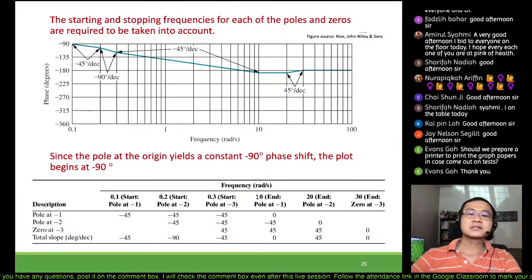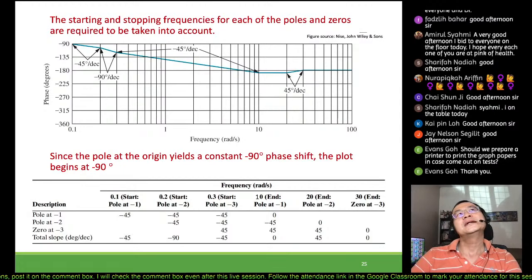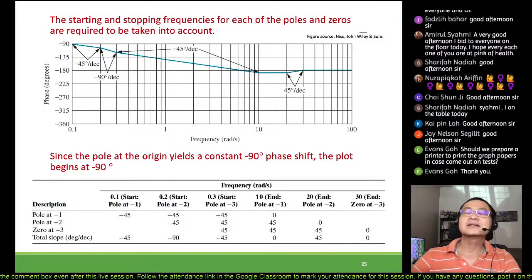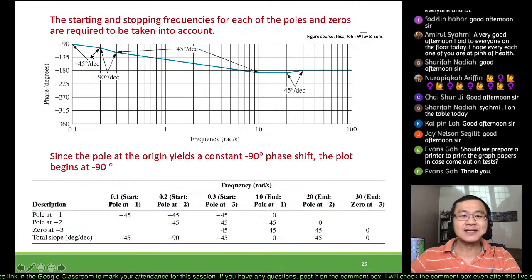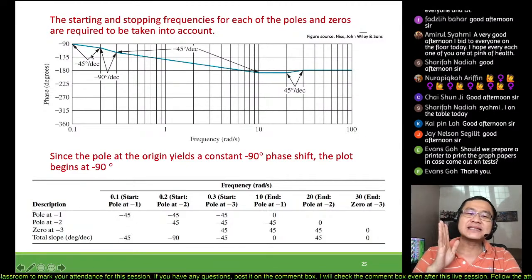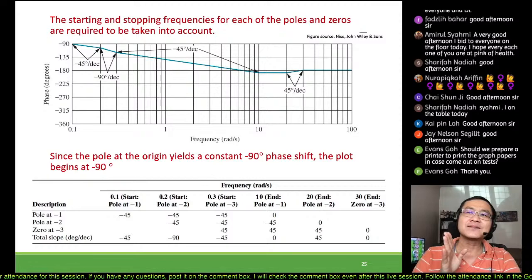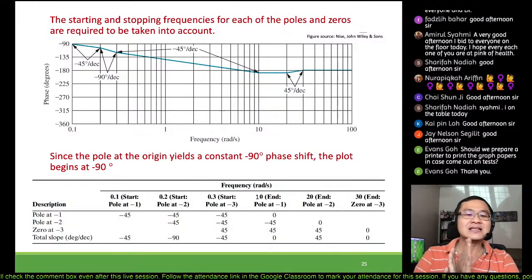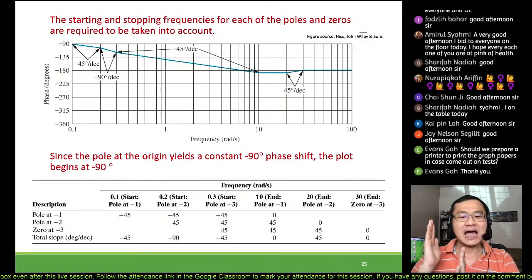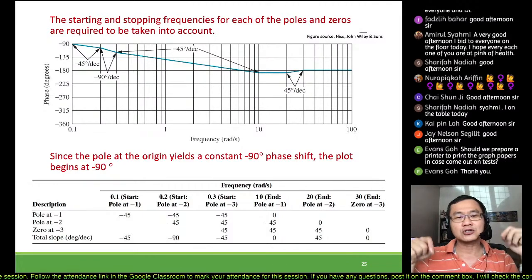So next, we come to the Bode phase plot. Now the idea is similar to the magnitude. The only difference or difficulty is that, remember, in the phase angle itself, throughout our derivation we always talk about a decade before and a decade after, where we construct our line.